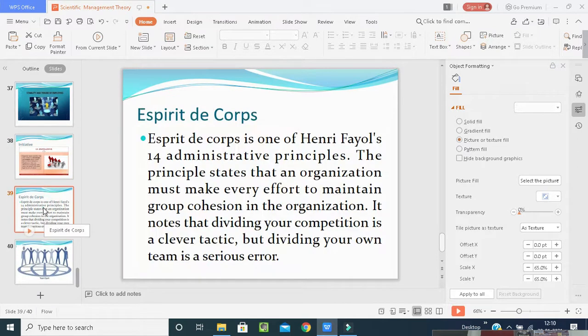Now, next one is Esprit de Corps. That means the last one. It means union is strength. Esprit de Corps denotes union is strength and extension of unity of command for establishing teamwork. It means the spirit of loyalty and devotion which unites the members of a group.